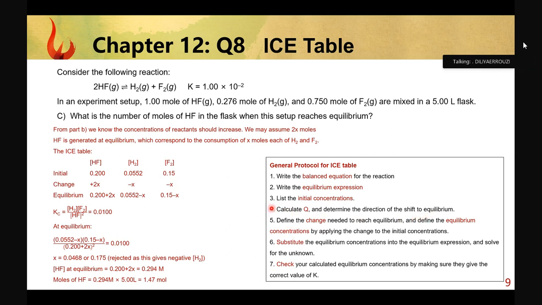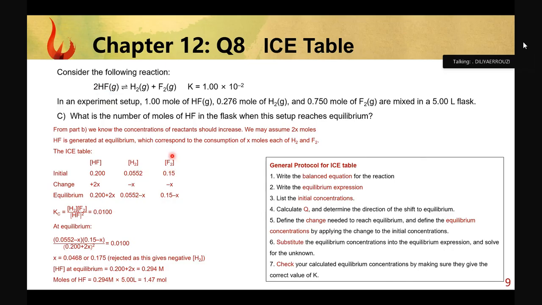Since we know Q, the reaction will go to the reactant side. So we will gain hydrogen fluoride and lose hydrogen and fluorine.